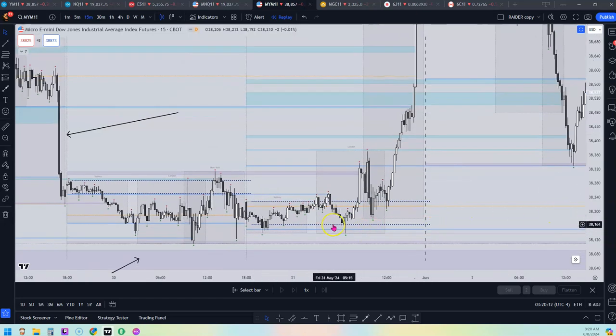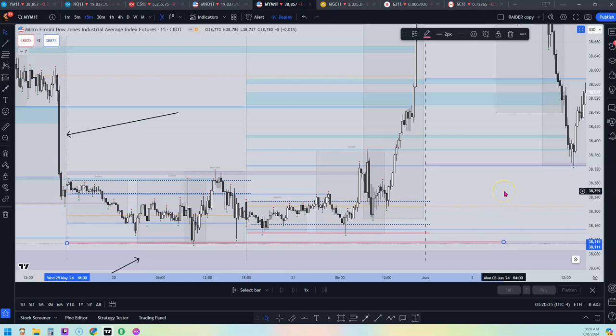The only thing that makes me happy about it is we started seeing a little more movement late London session, early New York session, and it hasn't penetrated Sydney session's low and London's session low, and it didn't penetrate the previous day, Thursday's low. So that looks pretty good, at least from what we're looking at.